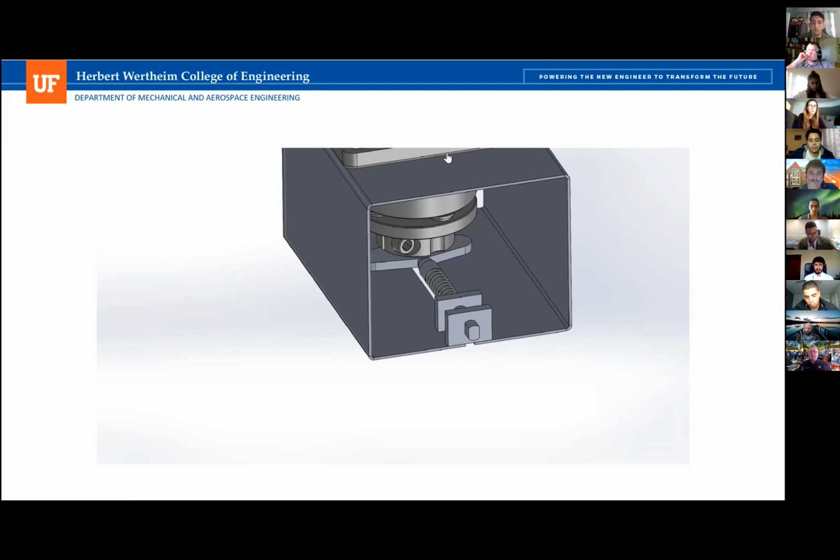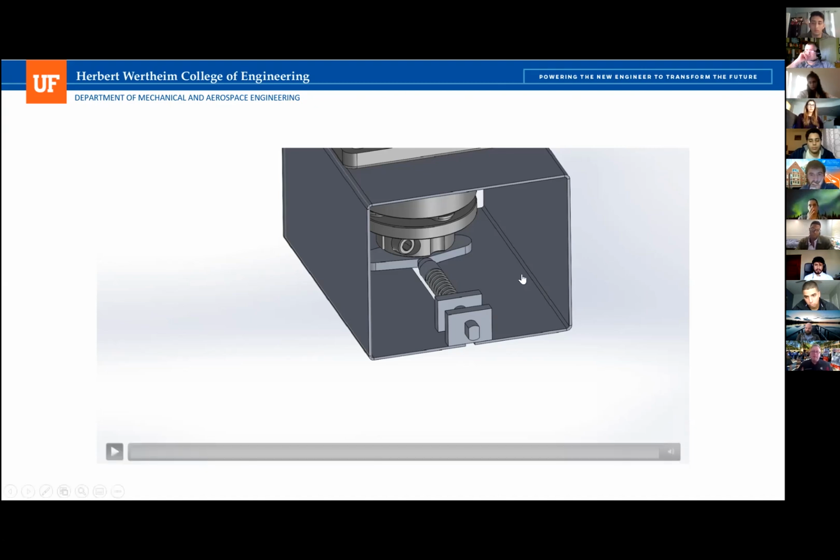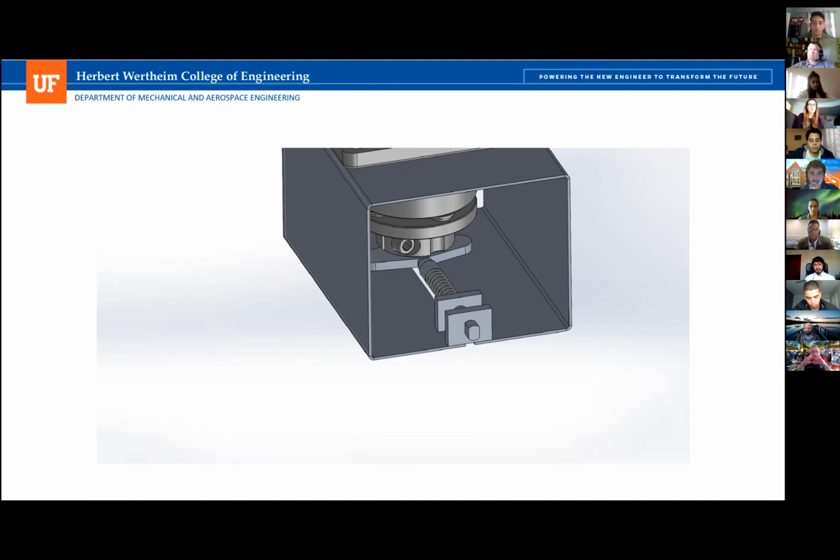Yeah, well, I don't know it's so much that, but if you look at the shape of that cam, it's very much like a squashed oval. It's not almost circular, it's shaped like this.